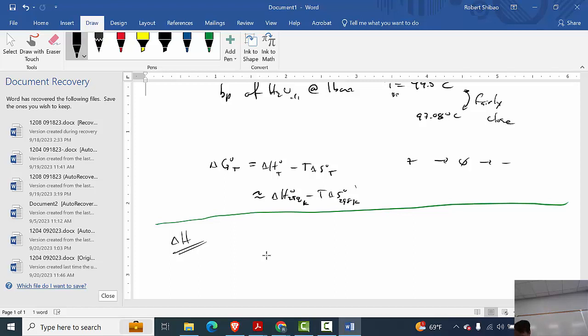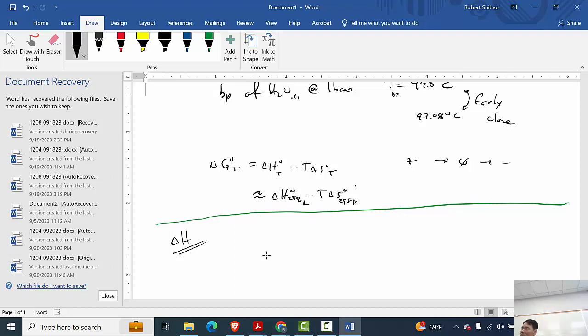How can you determine what delta H is? Tell me the easiest way to determine delta H for a reaction or process. What's the easiest method?